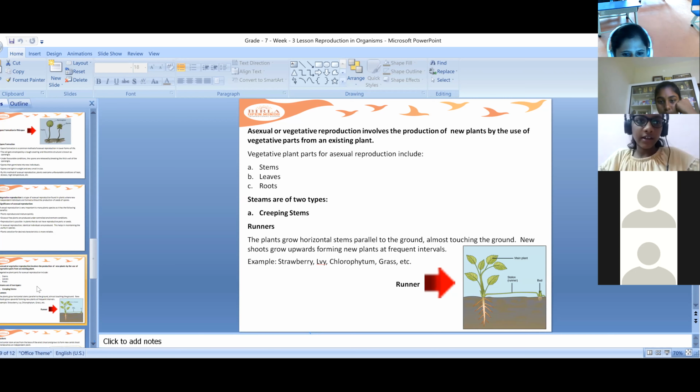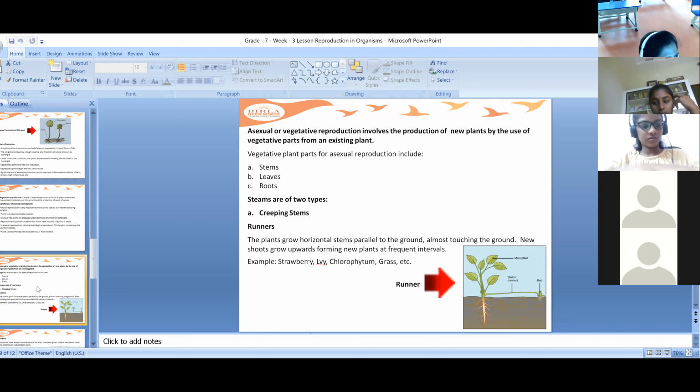They grow roots and give a new plant. So vegetative plant parts are capable of asexual reproduction.